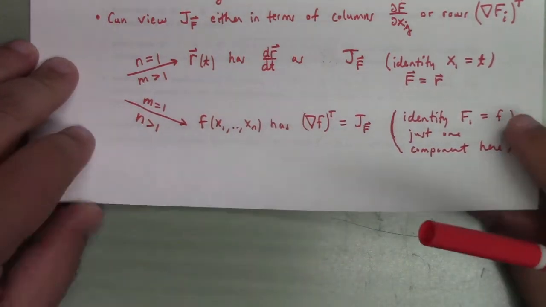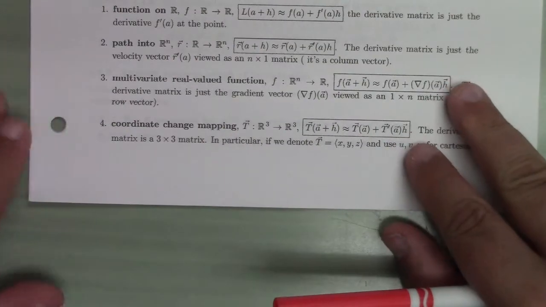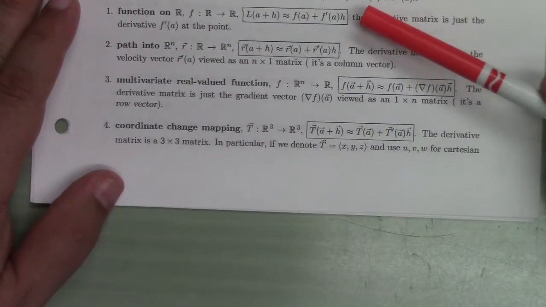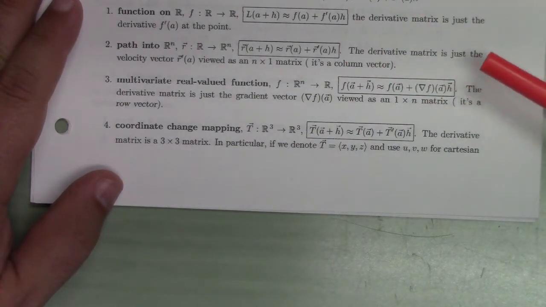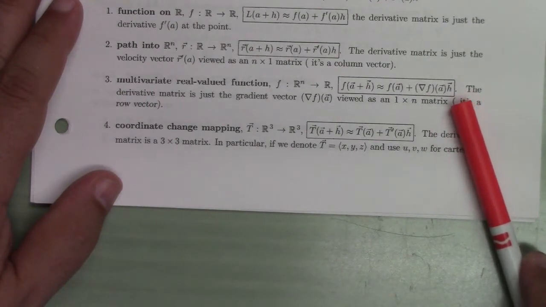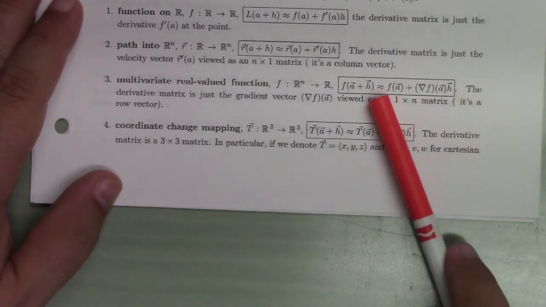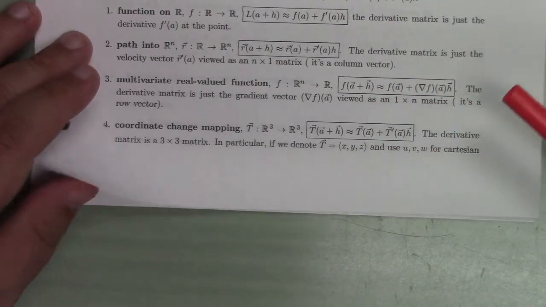But in all cases, we can use the Jacobian matrix to formulate linearizations, like in calculus 1, or the tangent line to a path. We haven't done this yet, we'll do more of this soon, but if you looked at z equals this stuff and it's a function of 2 variables, that would be the equation for the tangent plane as a graph.